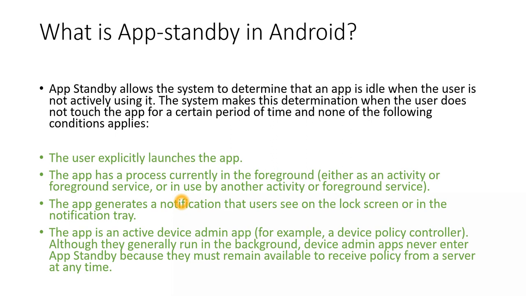Only very rare apps which we use, like calculator or contacts, will be monitored for a certain period of time. When they are idle, they will go to app standby mode. So what exactly happens in app standby mode? These apps will not be allowed to perform foreground operations, to save resources.